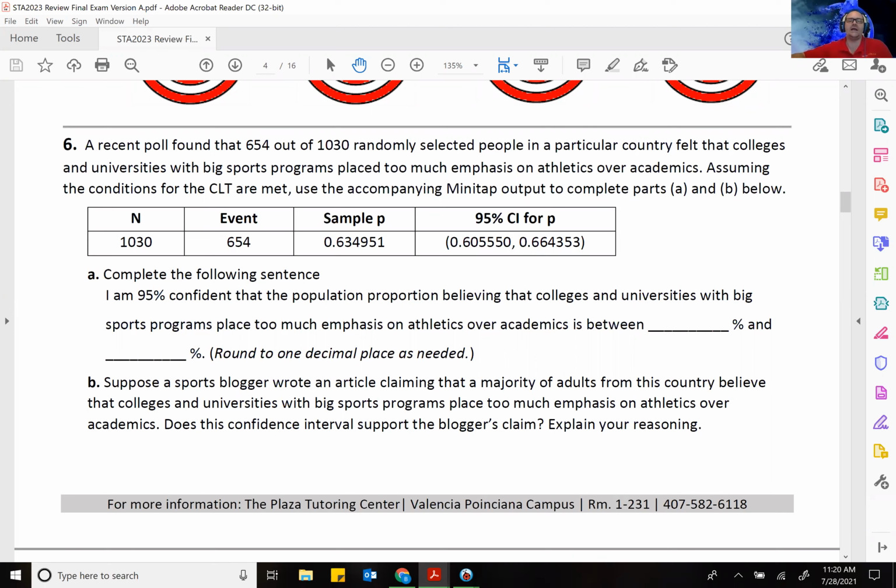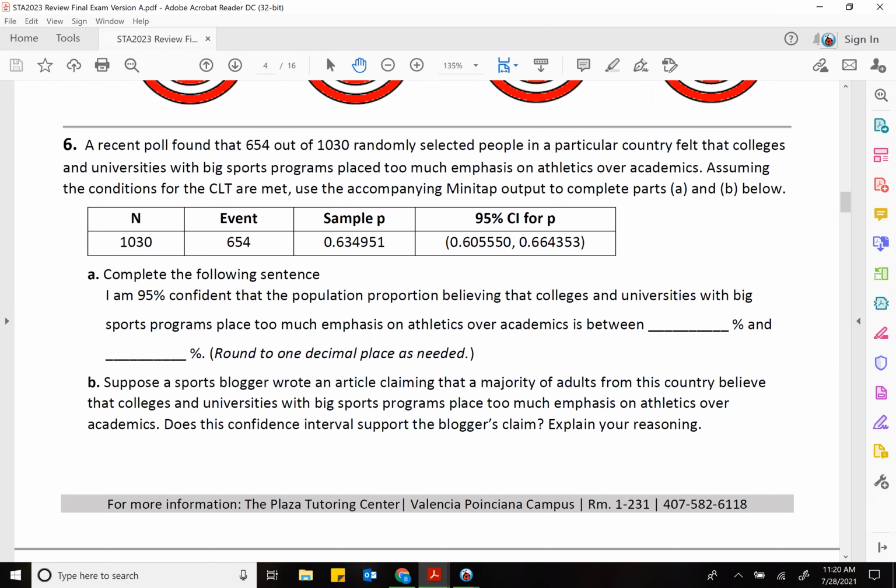So I am 95% confident that the population proportion believing that colleges and universities with big sports programs place too much emphasis on athletics over academics is between blank percent and blank percent, round to 1 decimal. So what's going to go in my first percentage?